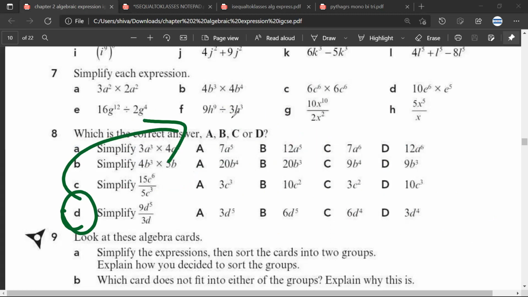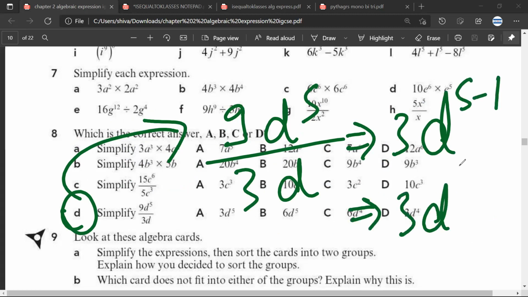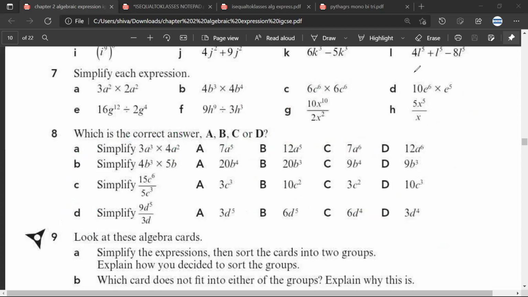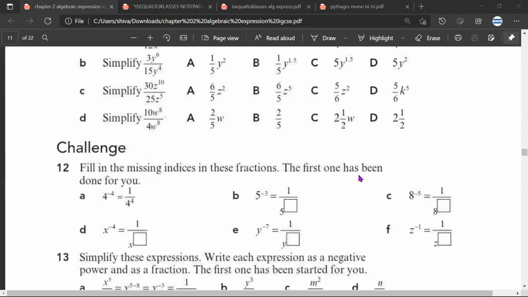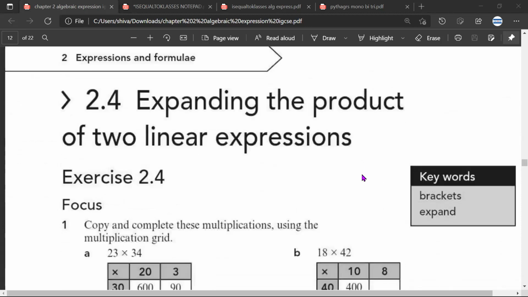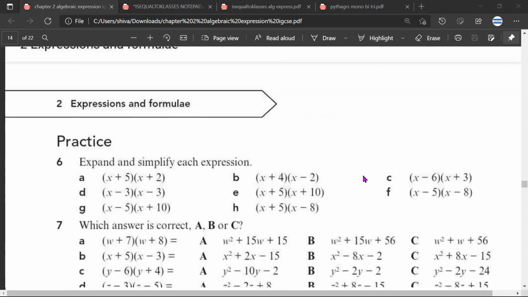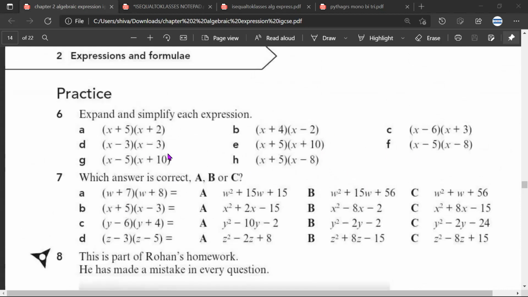So 3d raised to power 4. Mr. Sarthak, any doubt? No, sir. Shariman, any doubt? No, sir. Okay. Next, we'll do this. I'll just give you a brief of this. We'll do this now. 1 second.